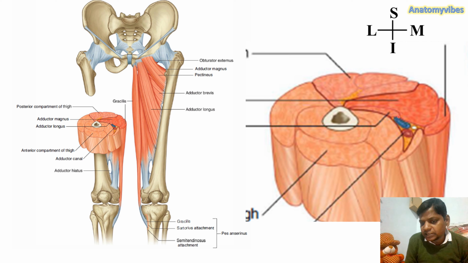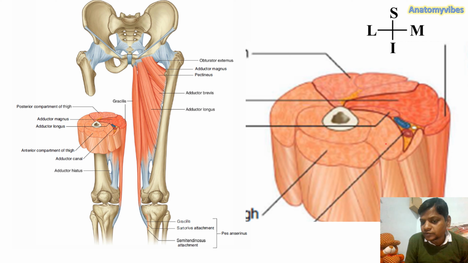Now this muscle is anterior as well as lateral. Here is the lateral, so this is anterolateral. Anterolaterally we have one muscle, that is vastus medialis. So overall, the roof is formed by the subsartorial fascia deep to the sartorius.